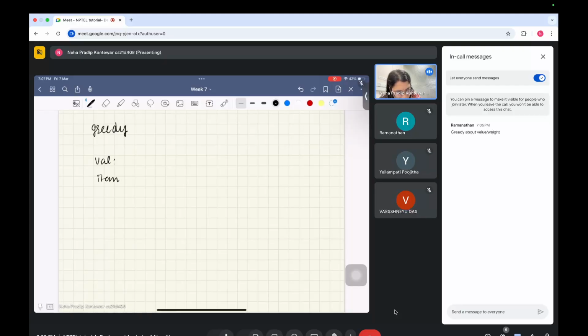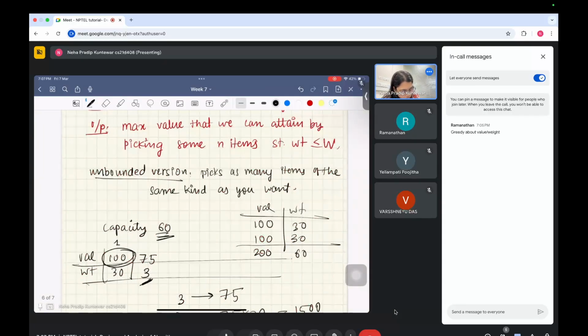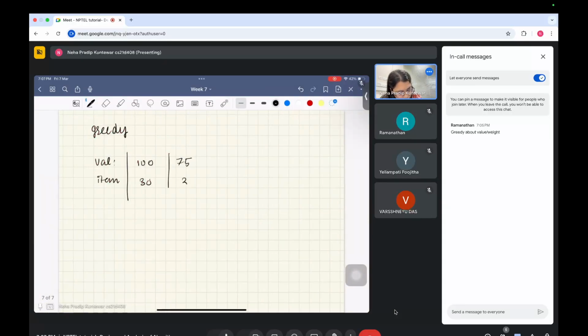So let's say value was 100, 30, and you had 75, and what was this? This was 3. Then you had, let's say, 20, and maybe let's say 10, 4, and 2.